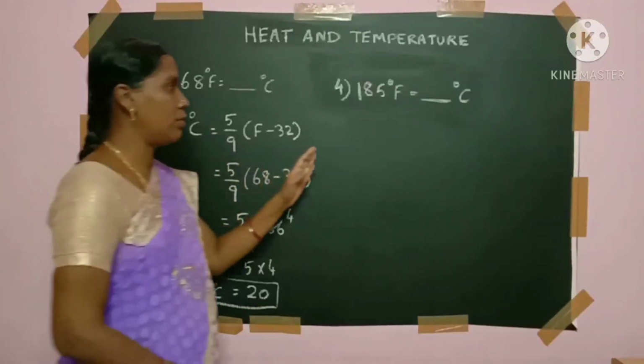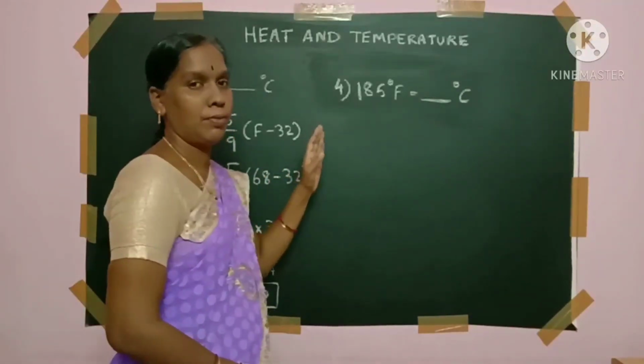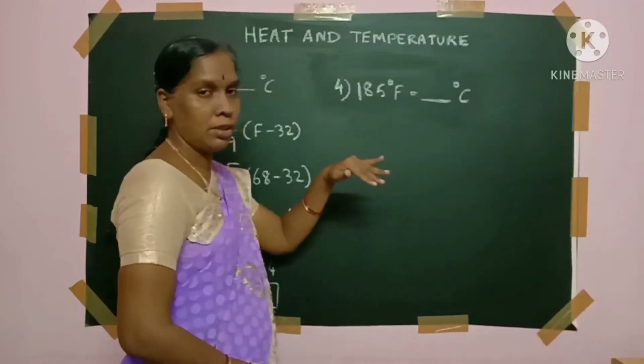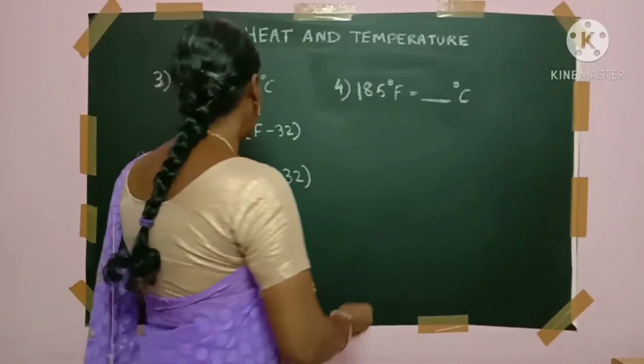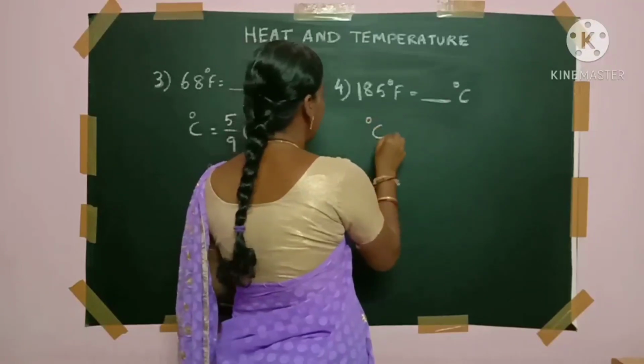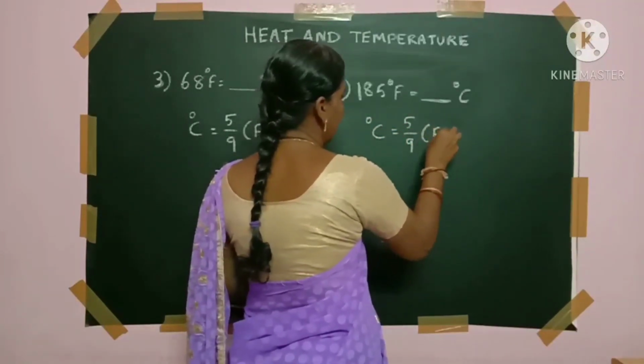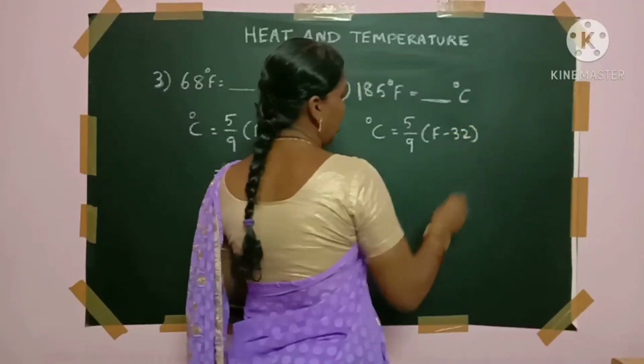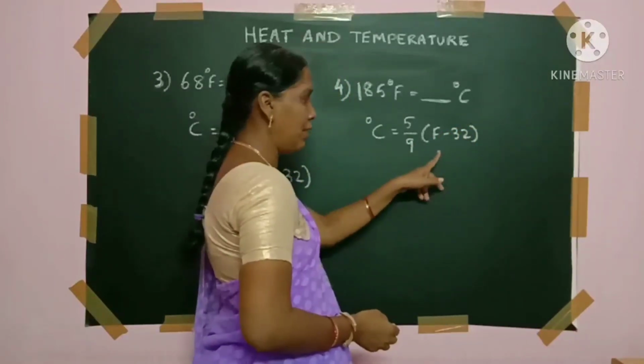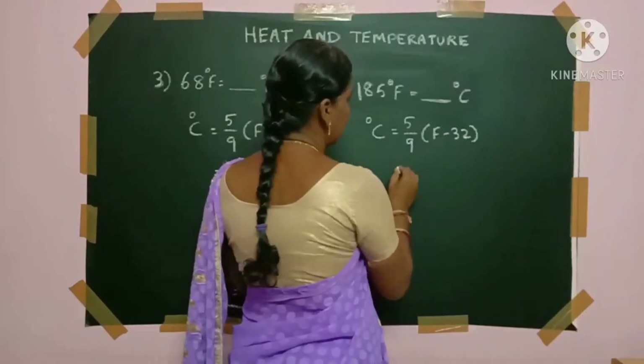Similarly, in the fourth sum, 185 degree Fahrenheit, we have to convert it into degree Celsius. First write the formula: degree Celsius is equal to 5 by 9 (F minus 32). I already said, first substitute the F value, then do the calculation.